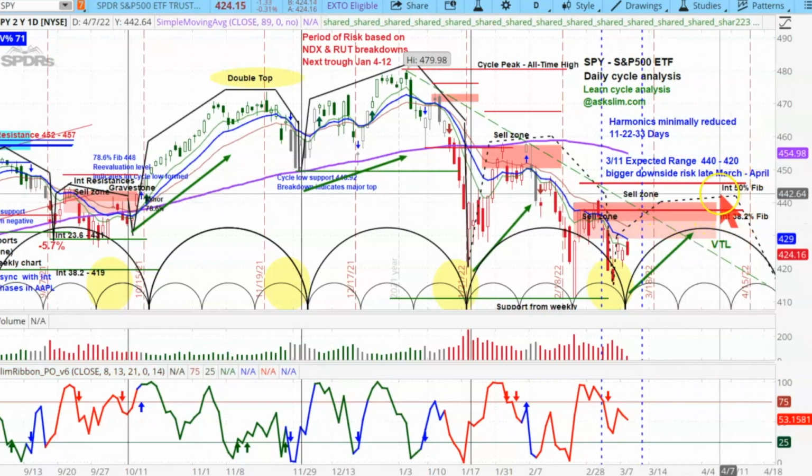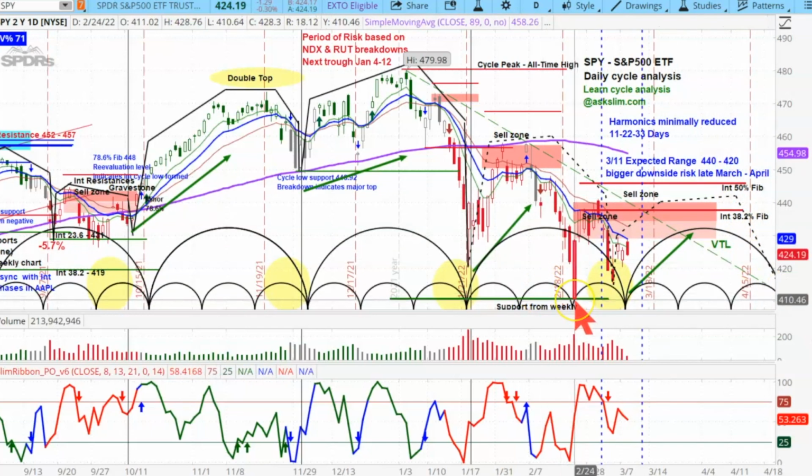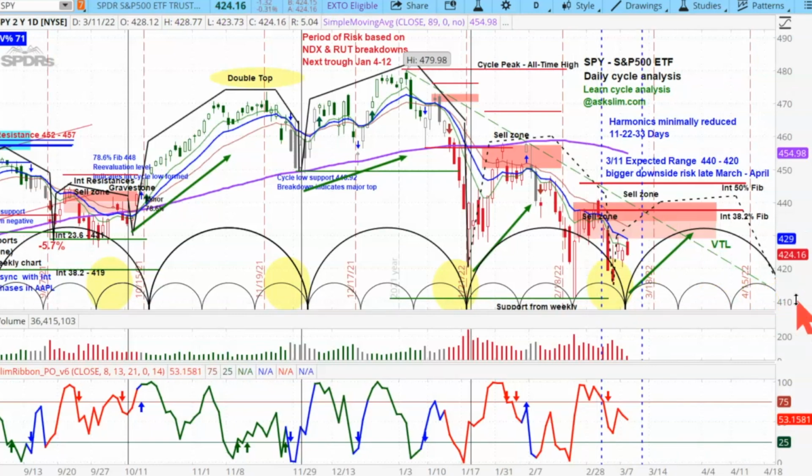And this period out over here into April is a lot of risk again, and there's a potential that this low right over here will be taken out very significantly, getting below the 400 area in the SPY.